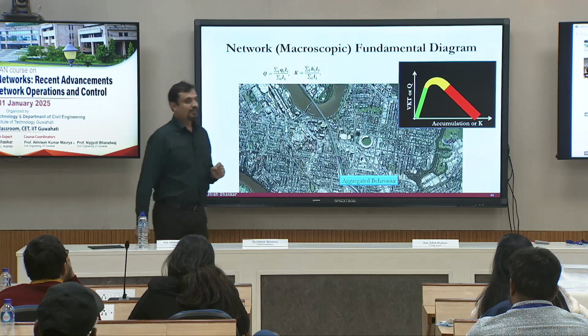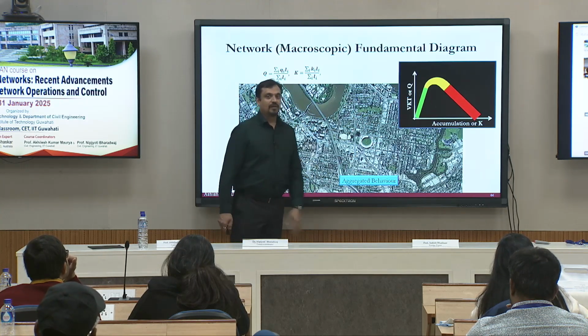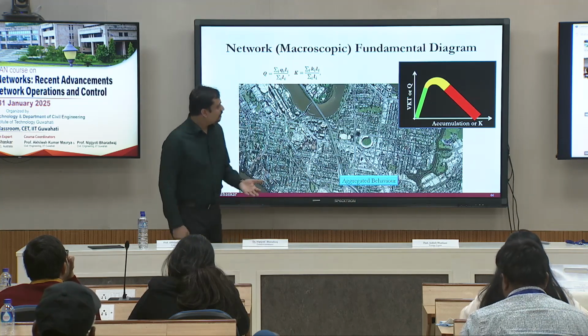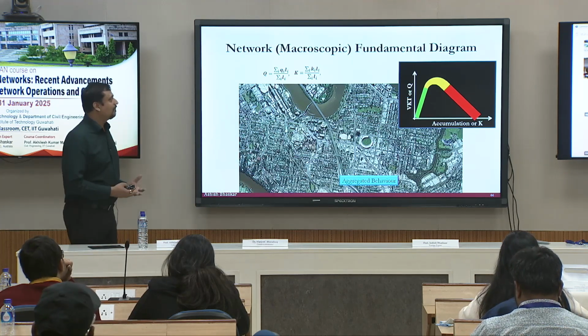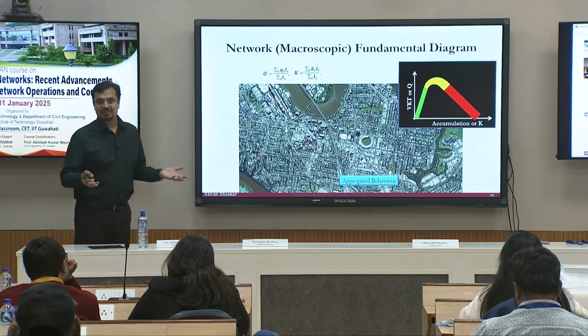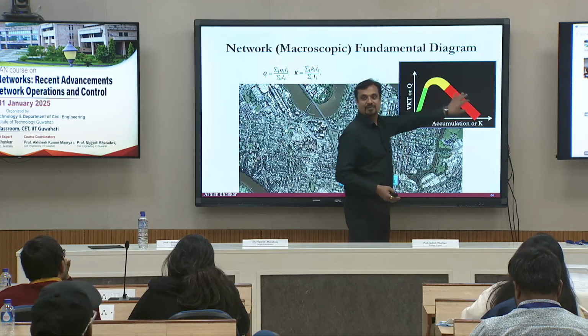The interesting thing is, if I look at an area, and the area has some characteristics, then if I accumulate my densities and accumulate my flows, or the trip completions, I might get a similar shape for that area.